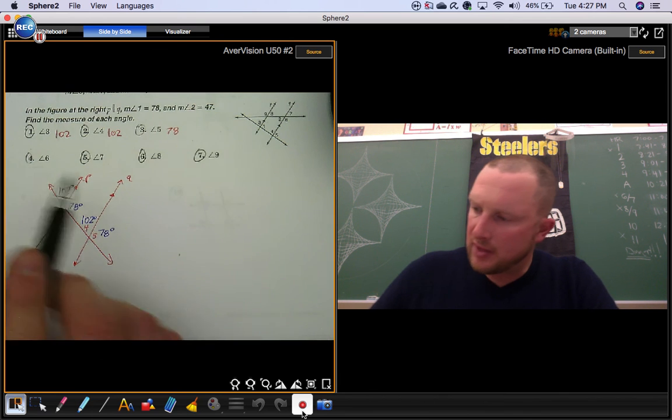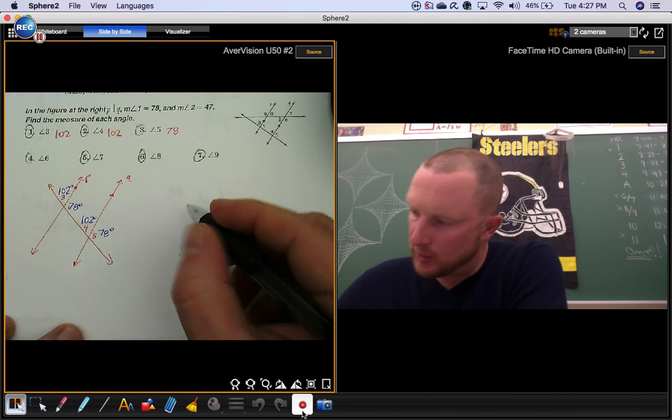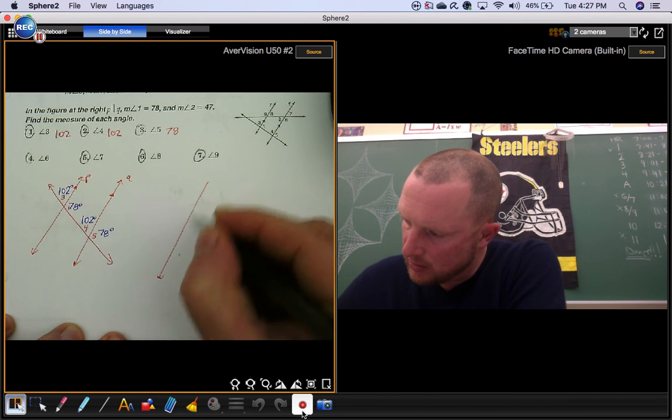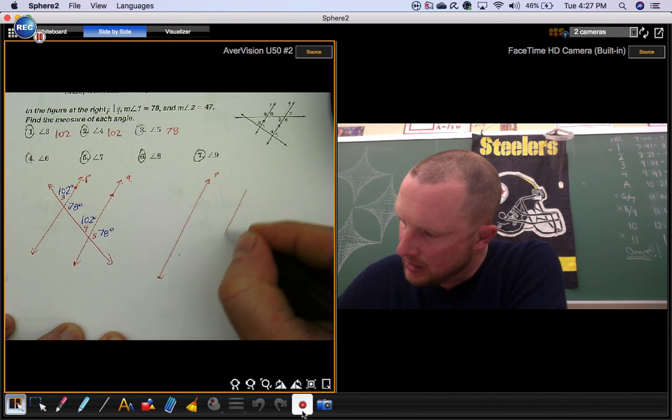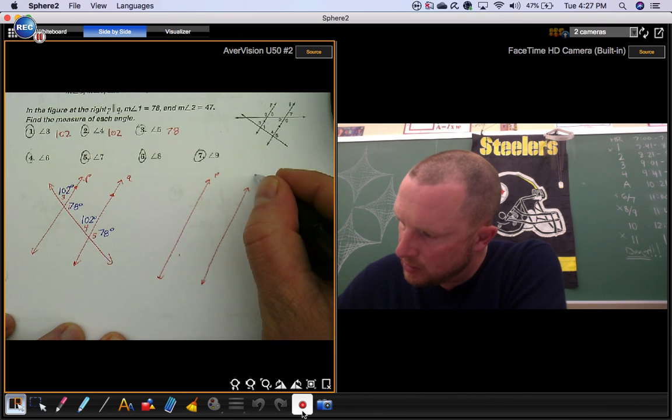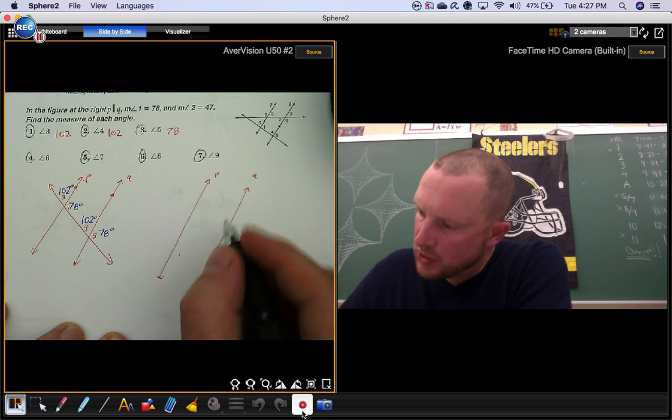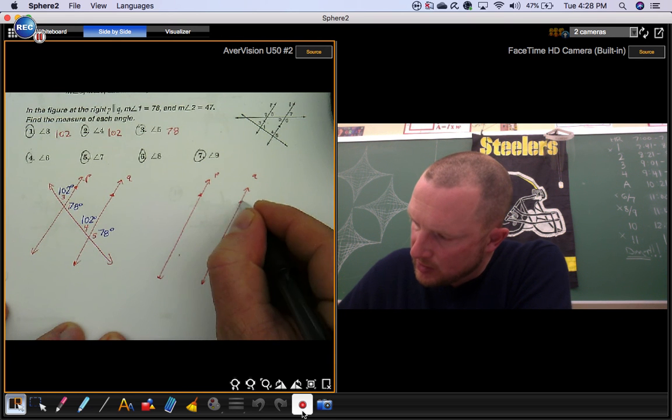Now, if you want to find the other angle measures, what you're going to need to do is redraw the picture again. So I'm going to draw line P and line Q. And I'm going to draw the other transversal this time.